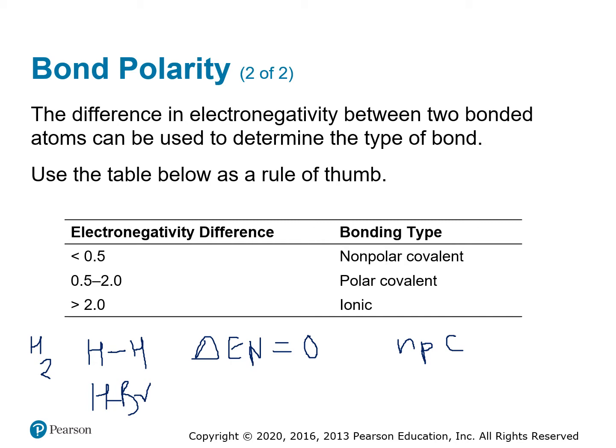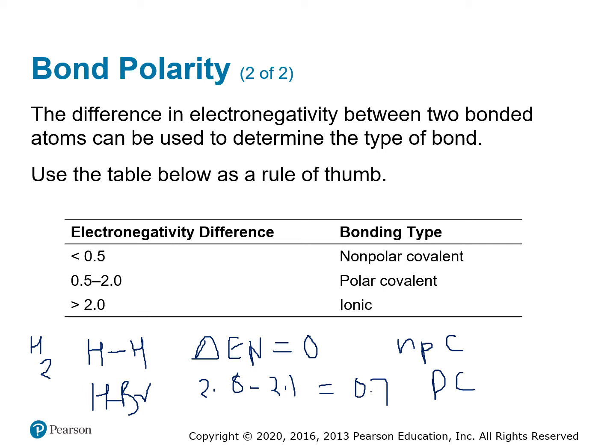For example, for HBr, I will give you that the electronegativity of hydrogen is 2.1 and bromine is 2.8. So all you have to do is 2.8 minus 2.1, which is equal to 0.7, and 0.7 falls between 0.5 and 2, so you know it's a polar covalent bond.